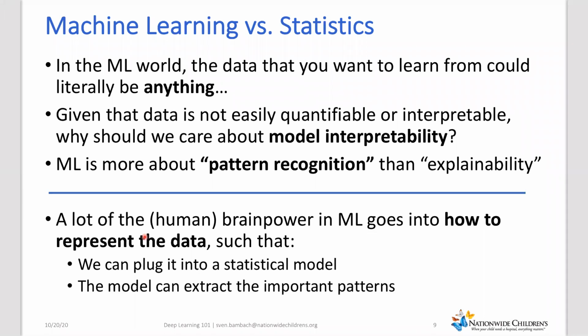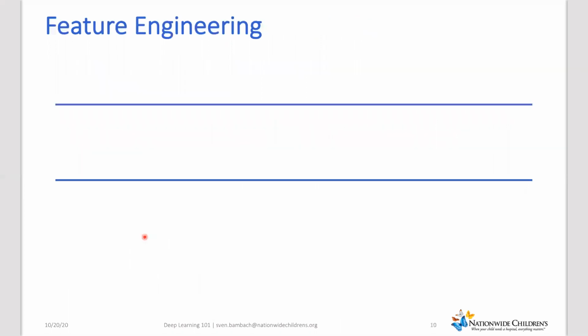What do I have to do to plug it in a model such that the model even has the chance to extract these important patterns, right? Whatever I end up doing, it needs to contain the important information, right? This is kind of historically where I think some of the differences are. In the end, do we use statistics and do we use statistical models? Of course, yes, why wouldn't we? But this is kind of why in the field of computer science, this area has developed separately and was coined machine learning.